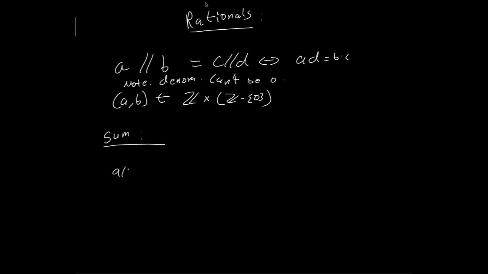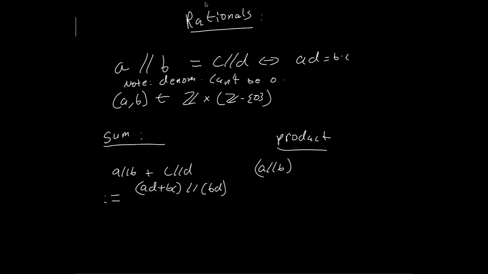We're saying that (a, b) plus (c, d) is equal to (ad plus bc, bd), by definition. And product: (a, b) times (c, d) is equal to (ac, bd), by definition.